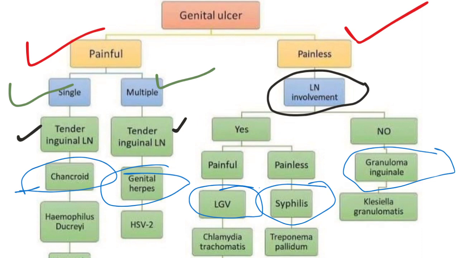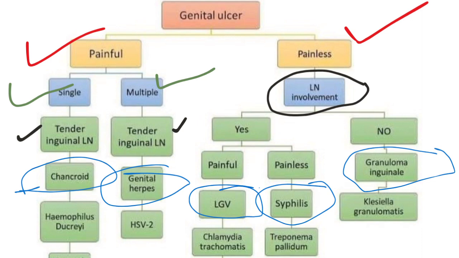Now let's focus on the other clinical feature, that is painless. So if we get genital ulcers which are painless, then we have to look for the involvement of the inguinal lymph node. Are the inguinal lymph nodes involved or not?